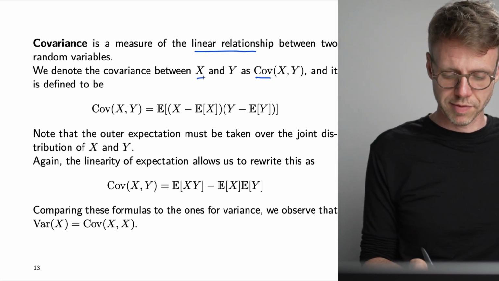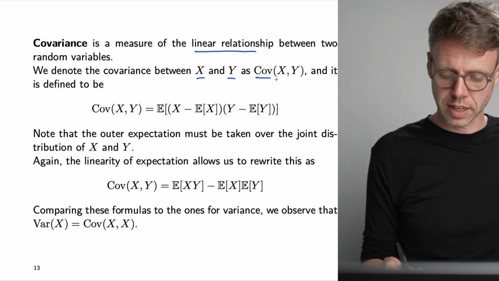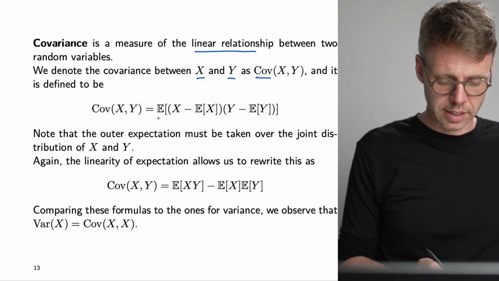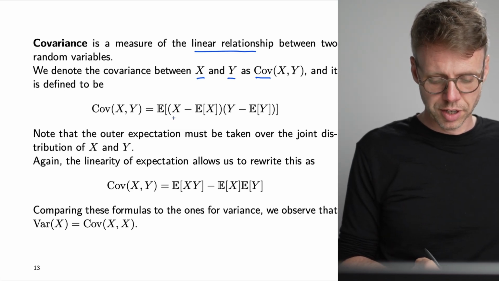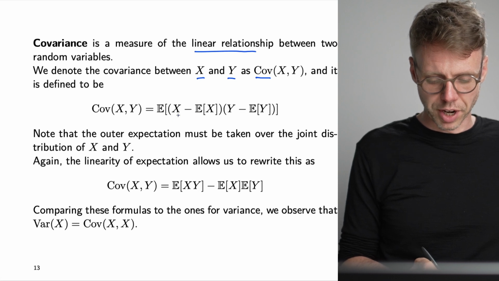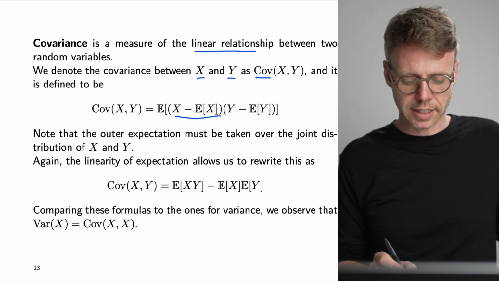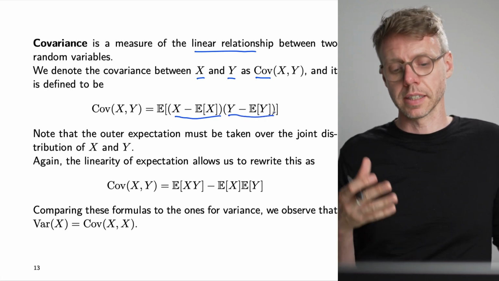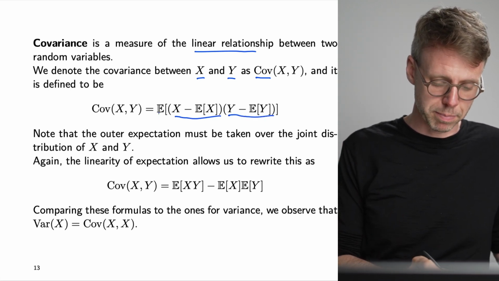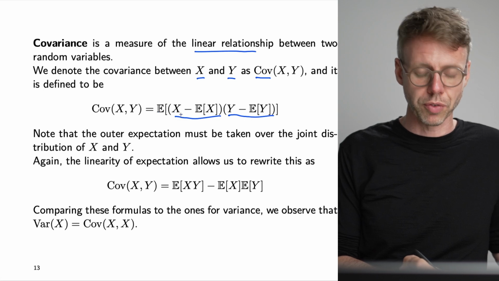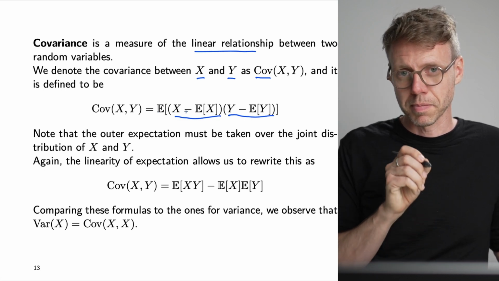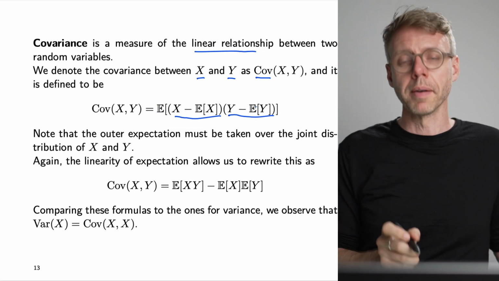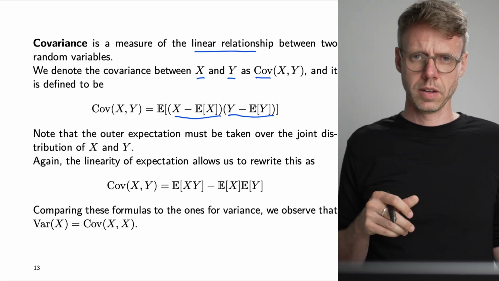For two random variables x and y, cov(x, y) is defined as the expectation of the product of x minus E of x and y minus E of y. So it's the expected value of x minus its mean times y minus its mean.